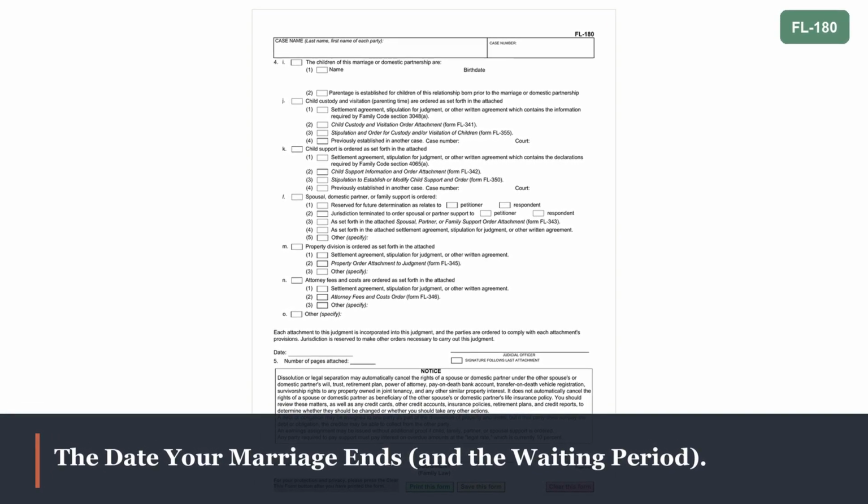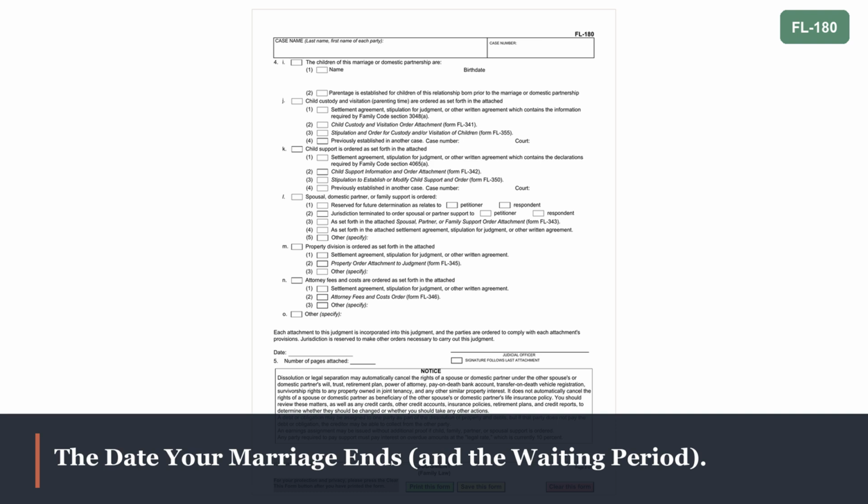One of the most important entries on FL-180 is the effective date, the date your marital status actually changes from married to single, or for a domestic partnership, the date it legally ends. California requires a mandatory 6-month waiting period before a marriage or partnership can end, measured from the date the respondent was served.